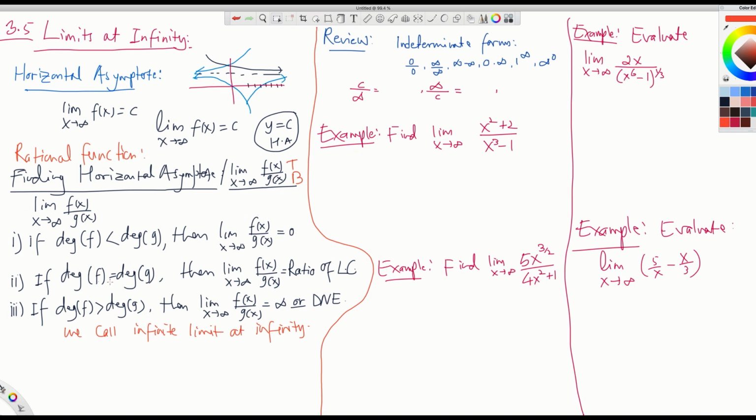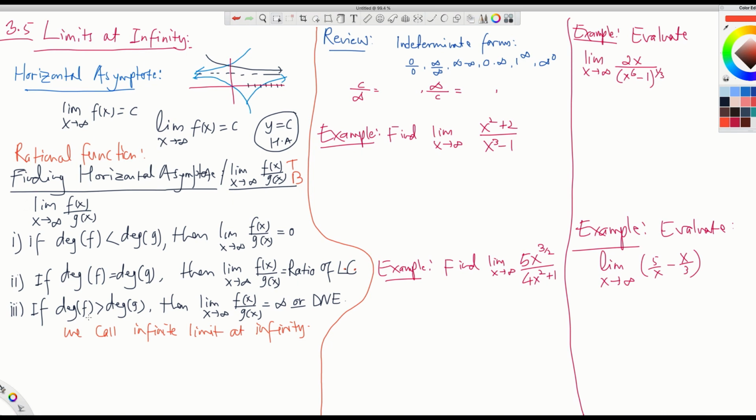Next, if the top and the bottom have the same degree, then the limit as x tends to infinity of f(x) over g(x) is the ratio of the leading coefficients. L.C. means leading coefficient.